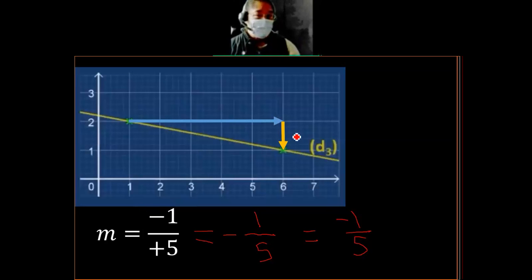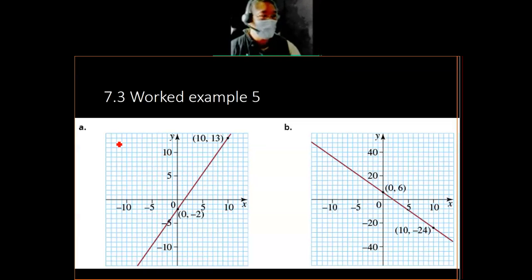All right. I'm moving on to a worked example from JAC Plus, which is worked example 5 from 7.3. It's on the lesson plan. So it has 4 different parts. What you need to do is find out the gradient of those straight lines.